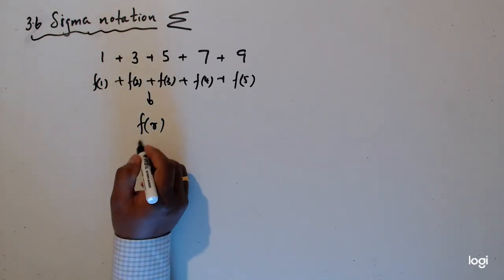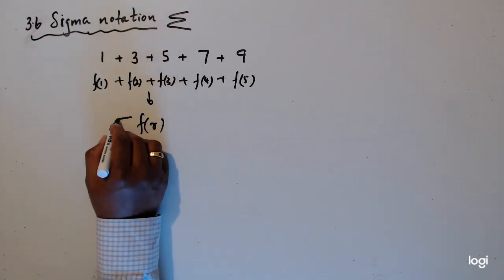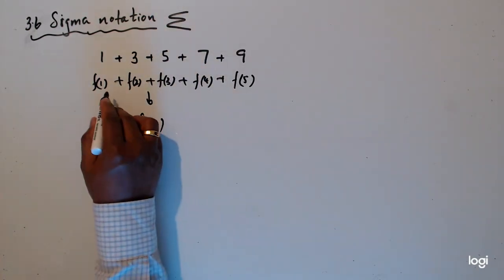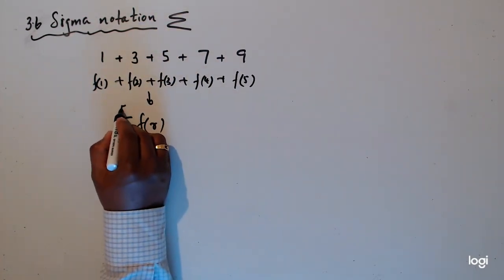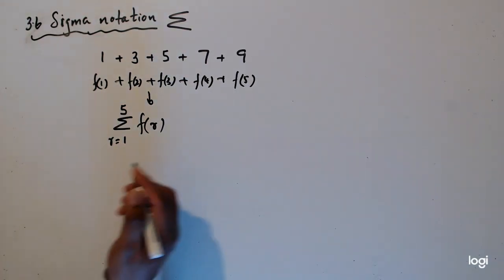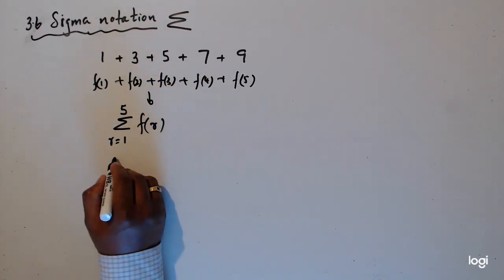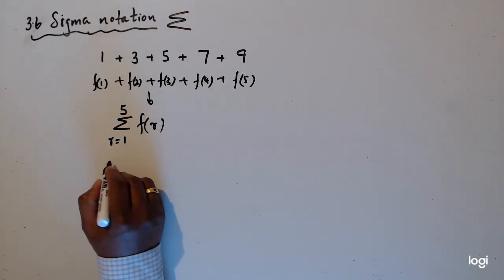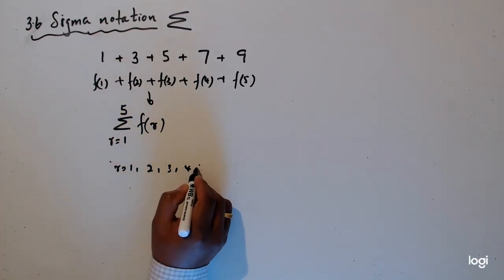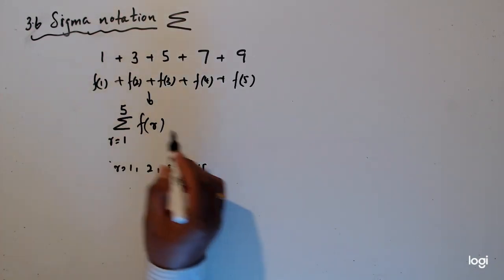Then FR, then summation R equal 1 to, because 5 terms, 1 to 5. The idea is R has values 1, 2, 3, 4, 5. So R goes 1 to 5.